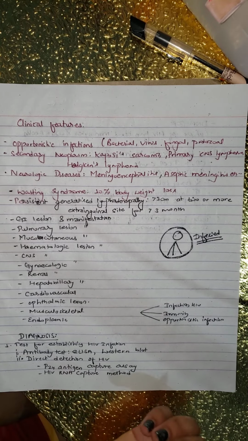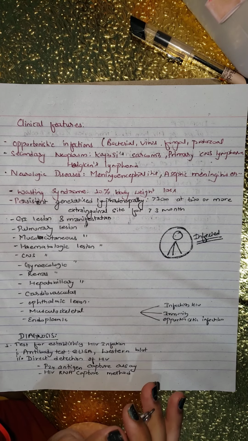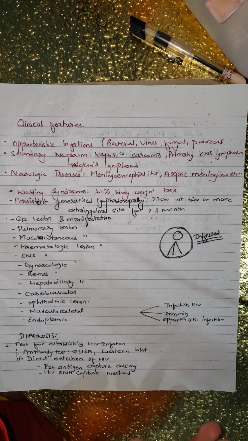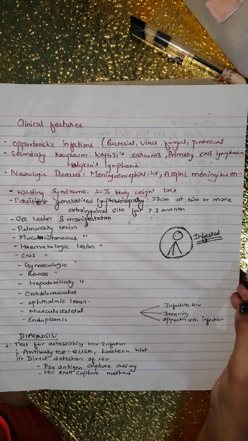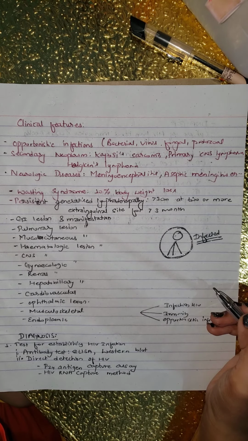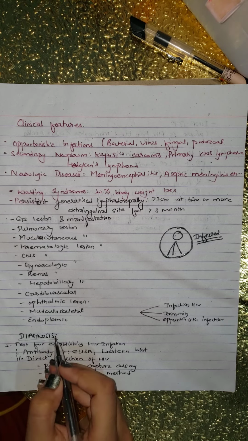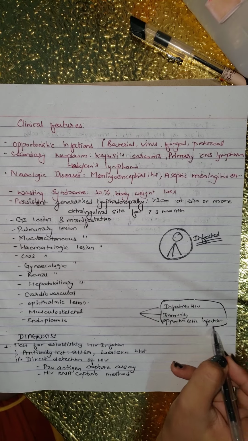So for diagnosis, how can we diagnose if the patient is suffering from AIDS or not? First of all, we have to understand there is no specific diagnosis. We can only diagnose after we get to know that the patient is suffering from a lot of infections or tumors or something like that. So for diagnosis, we can remember these three things.